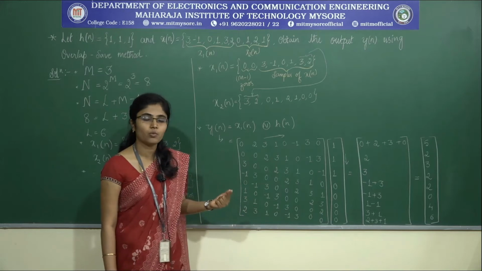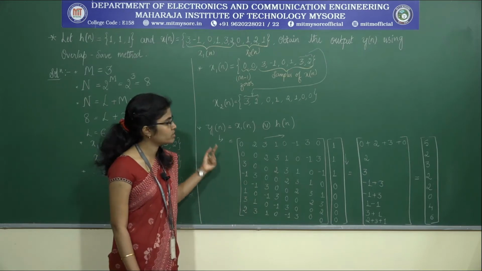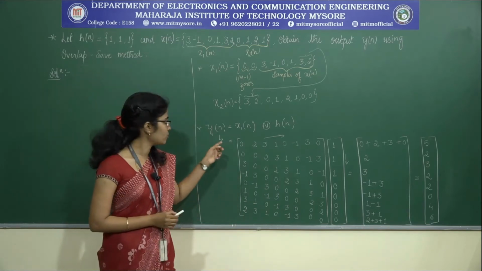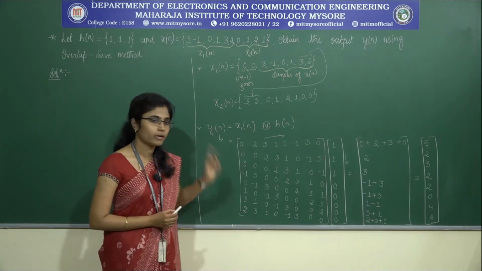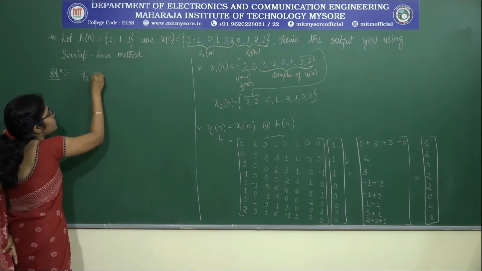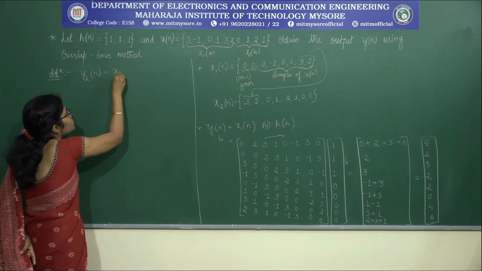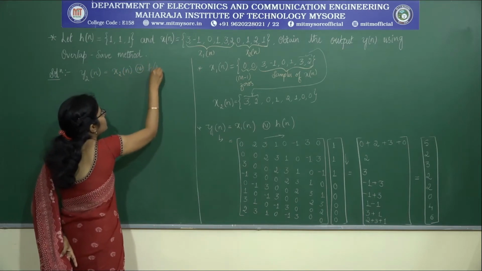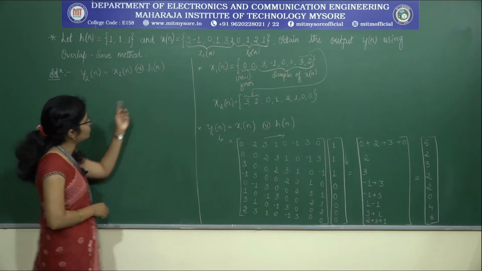Similarly, I need to find y2 of n. We found y1 of n, now let me try to find y2 of n. Again, y2 of n is equal to x2 of n circularly convolved with h of n. So what is y2 of n?